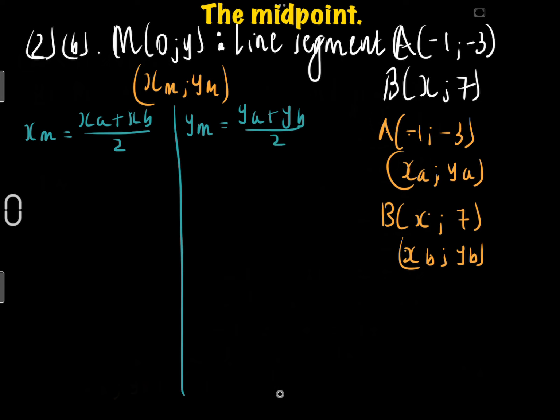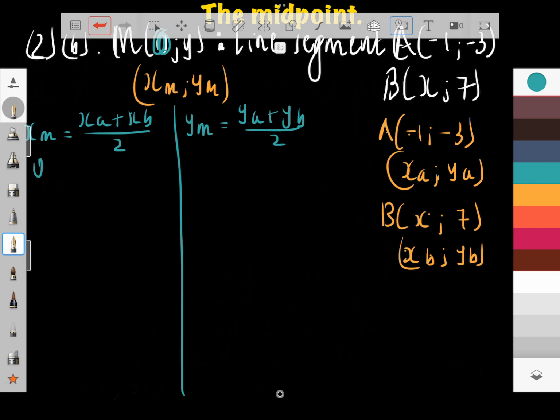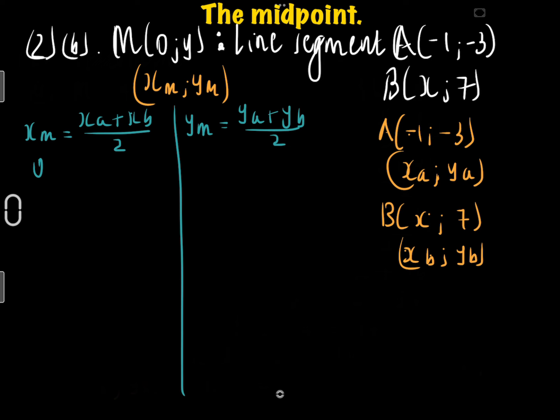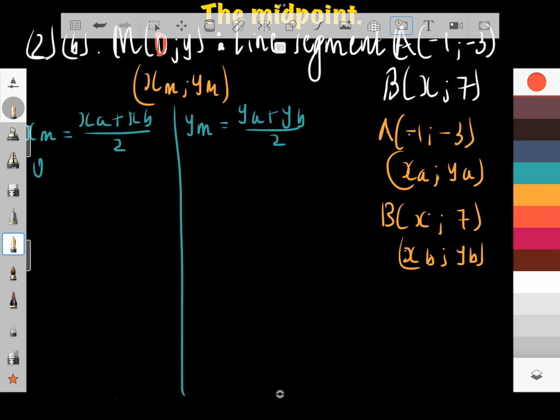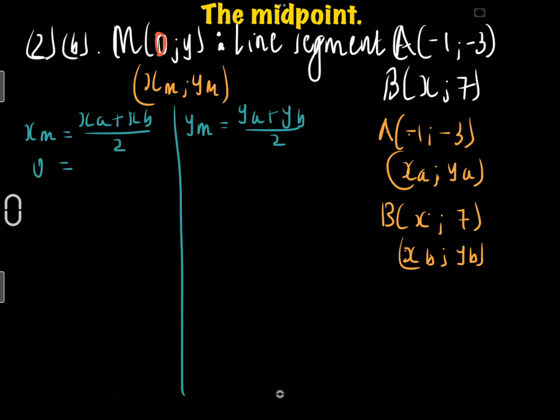Now by substitution, we are already given the midpoint in this case. So we know that our midpoint for x is simply 0. This is the 0 I'm talking about. So 0 is equal to xa, which is -1, plus xb, and xb is simply x.